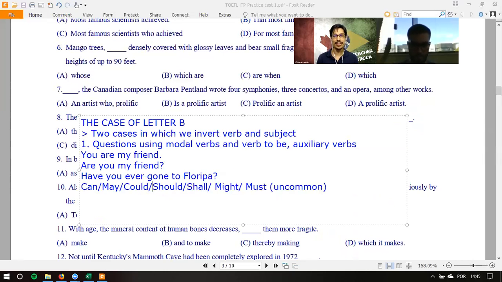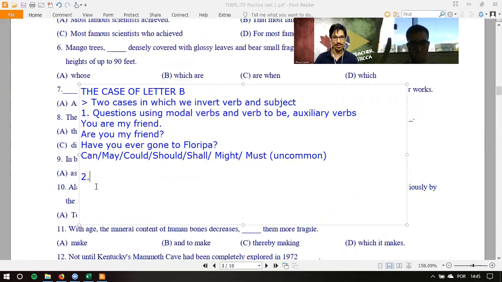Now the second case is a little harder. What's the second case in which we do the inversion of the subject and the verb? When we have an adverbial, let me call it an adverbial crazy expression.